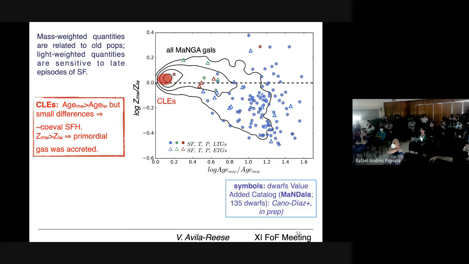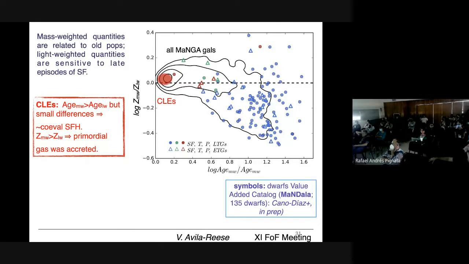And what about the metallicities? The mass-weighted metallicities, which trace the old population, are larger than the luminosity-weighted metallicities, which trace a younger population. This means that massive galaxies, in particular these ellipticals, probably accreted primordial gas. The younger populations formed from accreted primordial gas from the cosmic web.